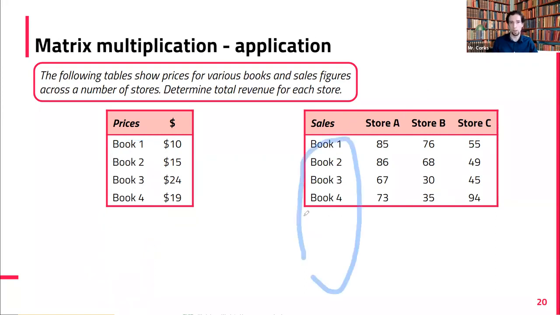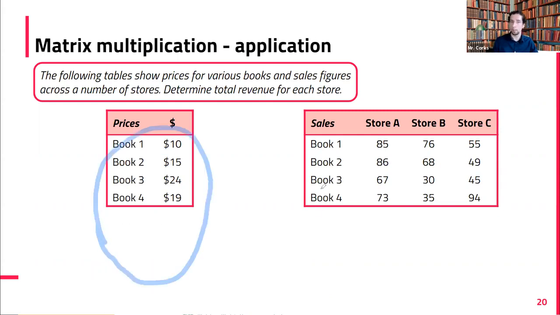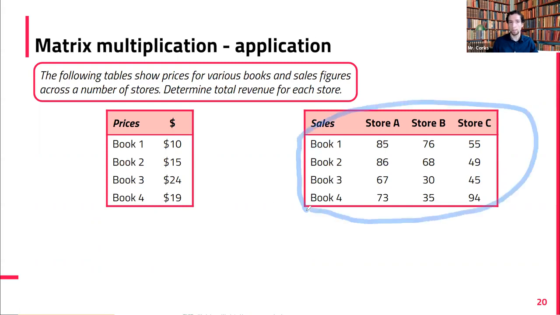So here's a table showing all the products and the prices for all of those things. And here is a table showing the sales numbers, how many of each of these books they sold at each of these different stores. And the question is asking us to figure out the total revenue for each of these stores.